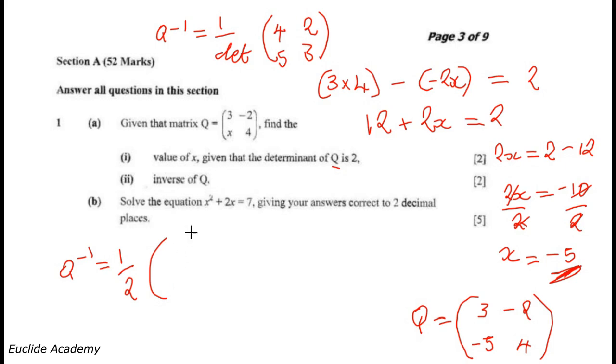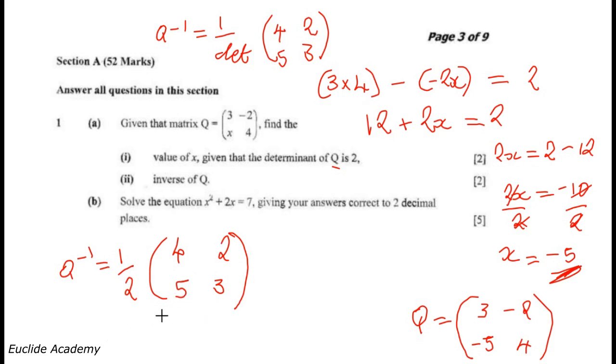We swap 3 for 4 and 4 for 3. So where there's 3 we put 4, and where there's 4 we put 3. Then here we have negative 2, it changes to positive 2, and here we have negative 5, it will be positive 5.